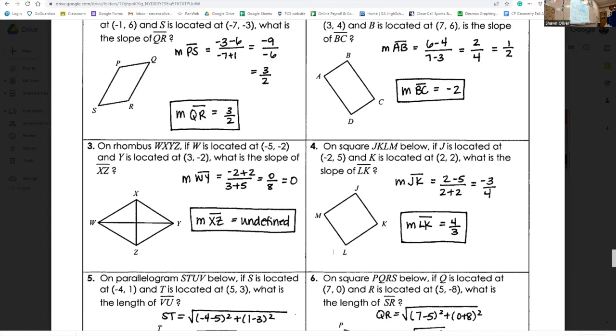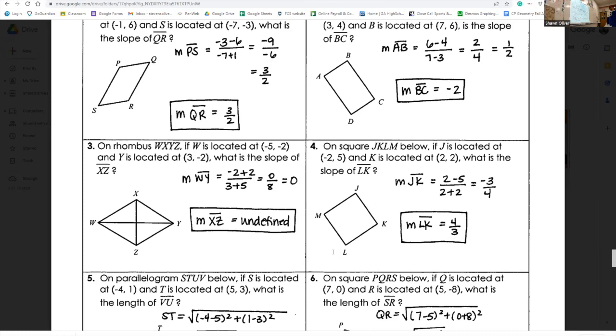If it's undefined, that means there's a zero in the denominator. You can't have that in mathematics, because you can't take nothing away from something. If you had started with the undefined slope, imagine it's 0 over 1 or 1 over 0. When you flip it, now you become legal math.